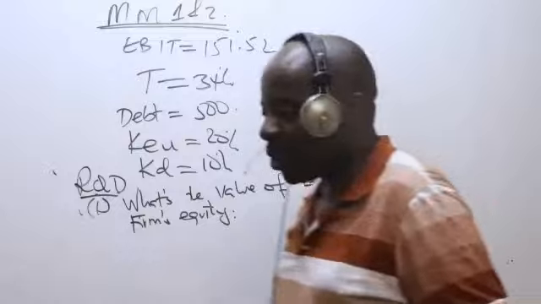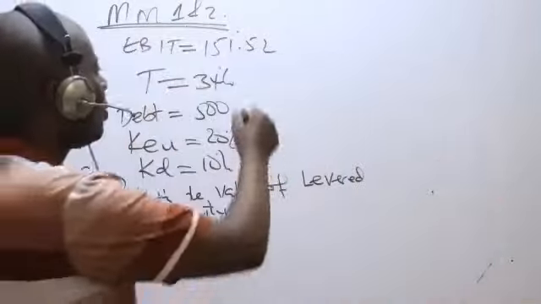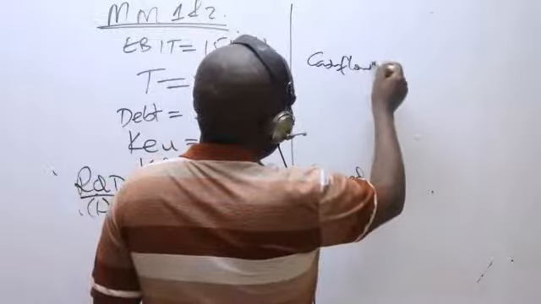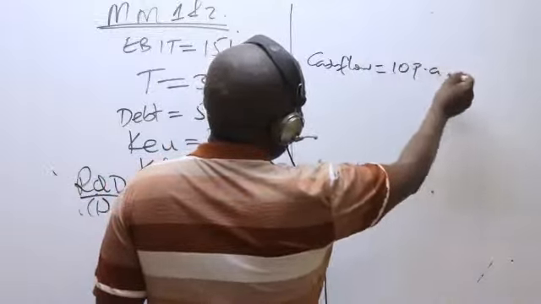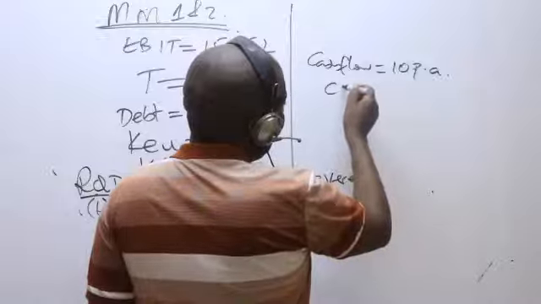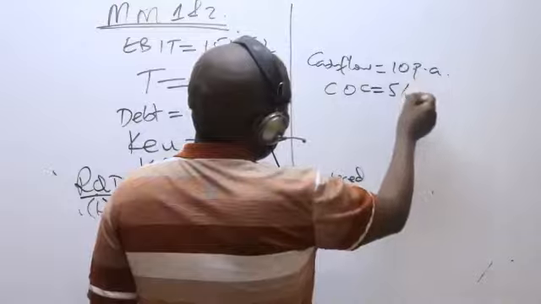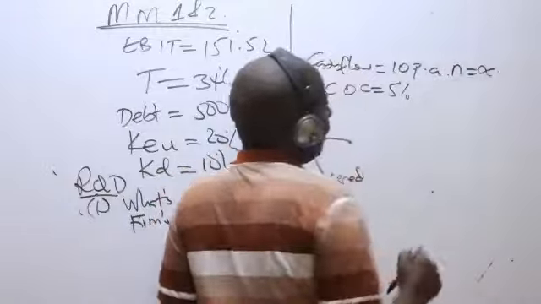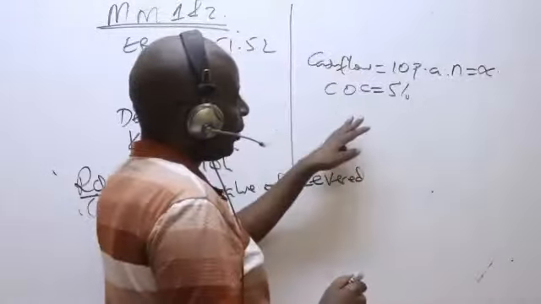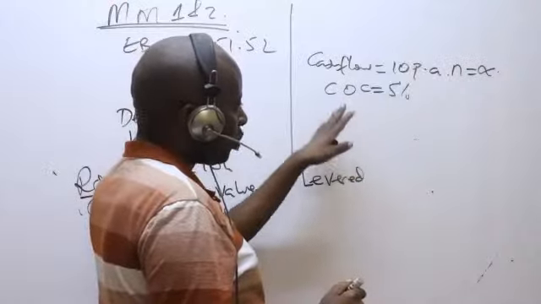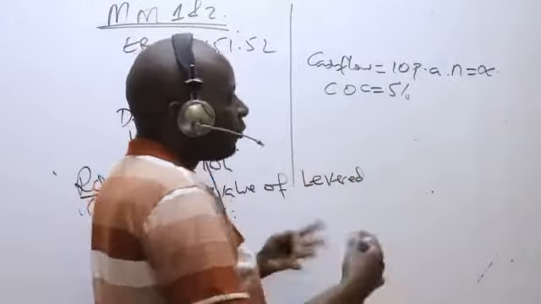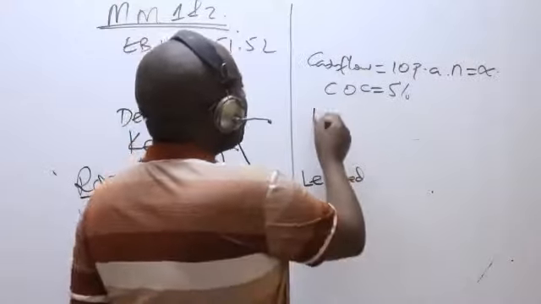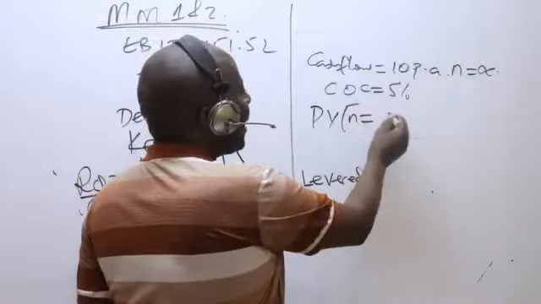If, for example, today somebody tells you that you shall receive a cash flow of 10 million per annum, and you are given a cost of capital of 5%, and N is infinity, how do you get the value of this firm? You'll basically need to get the present value when N equals infinity.